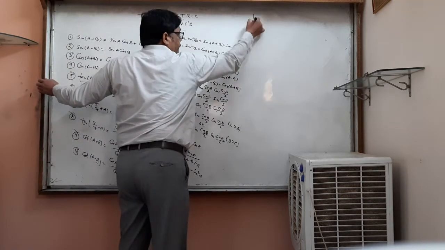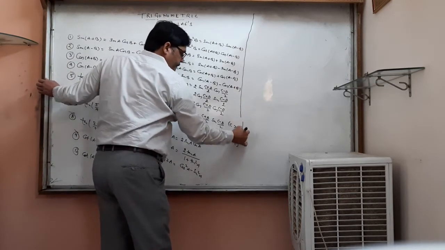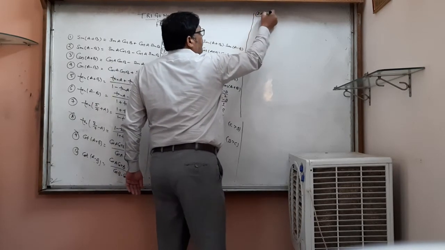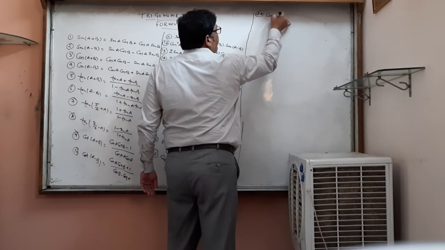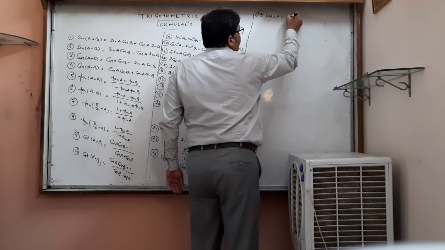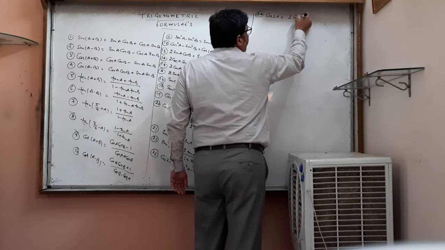Next one, cos 2A is equal to 2 cos square A minus 1.